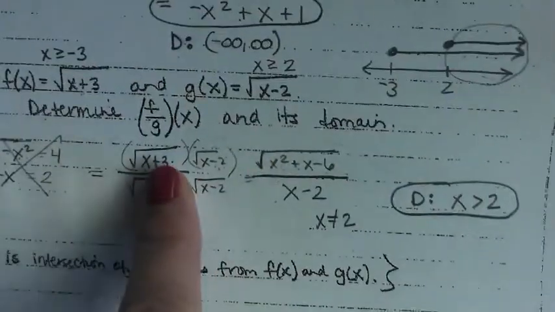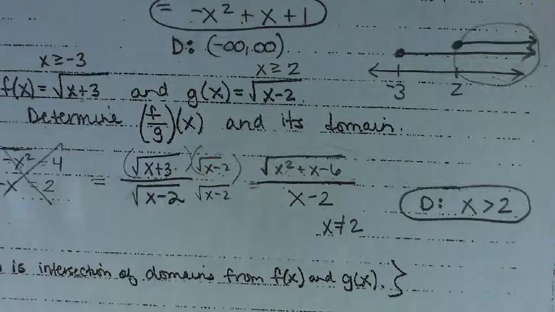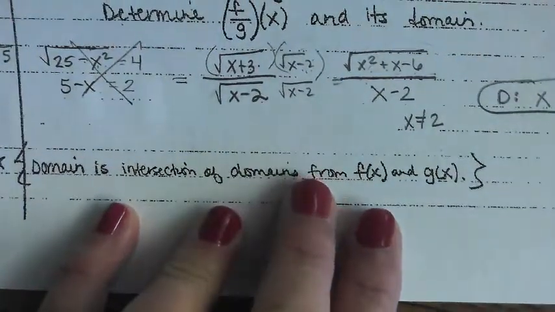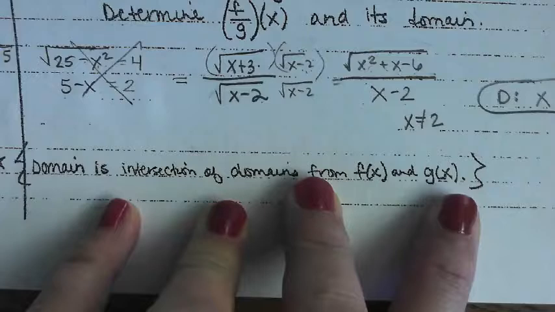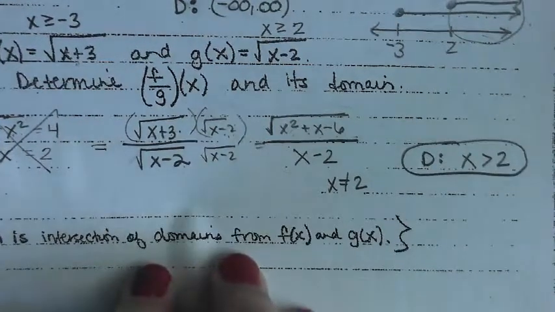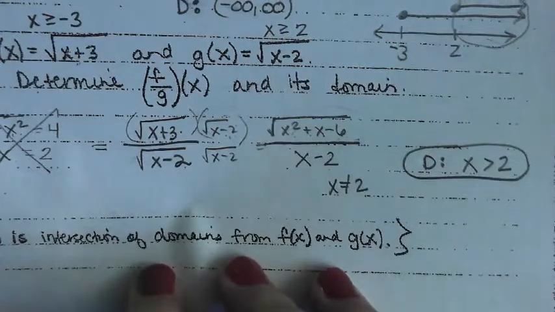And you cannot have anything less than negative 3 or less than 2. Okay? So this is a key point to remember. It's the intersection of the two domains as they originally were, plus the additional stipulation of the denominator can't equal 0. Any questions on that?